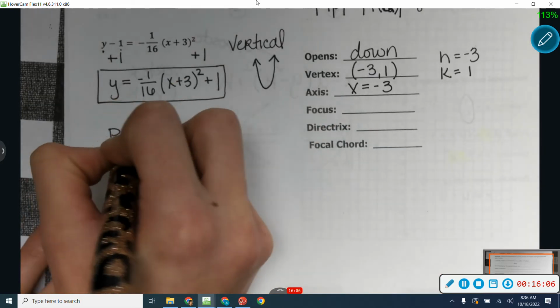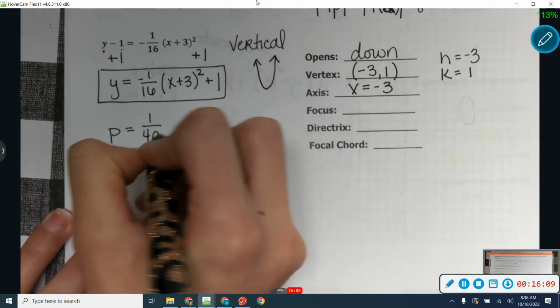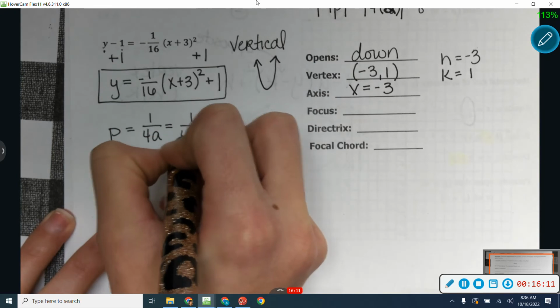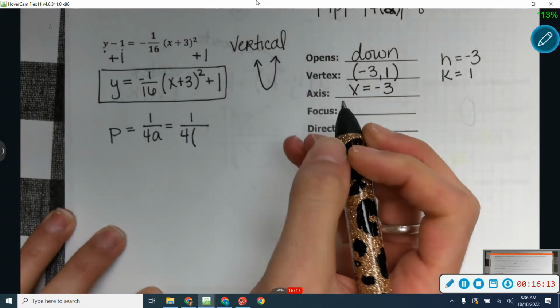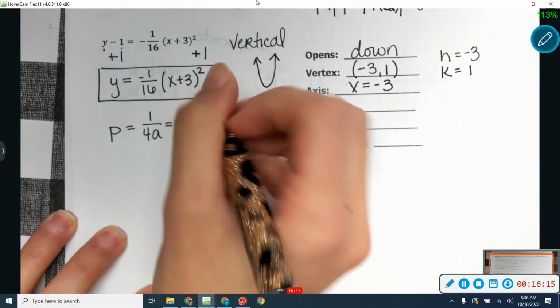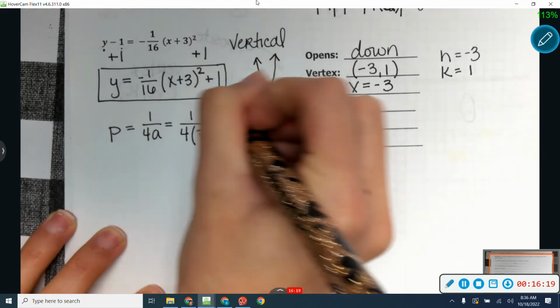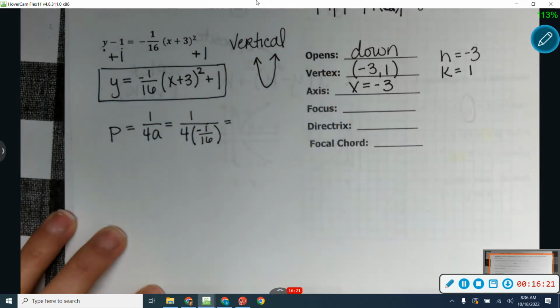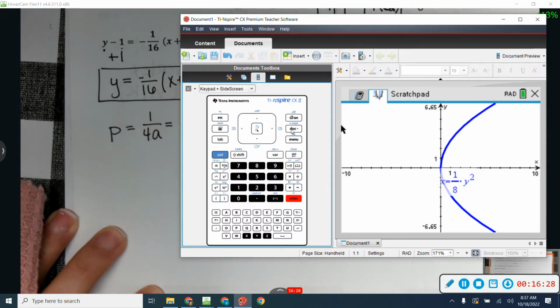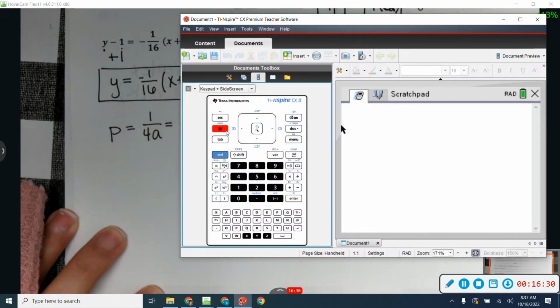So p is 1 over 4a, which is 1 over 4 times, what's my a? Negative 1 over 16. So keep that sign with it. Go to your calculator. I'm going to do it there.